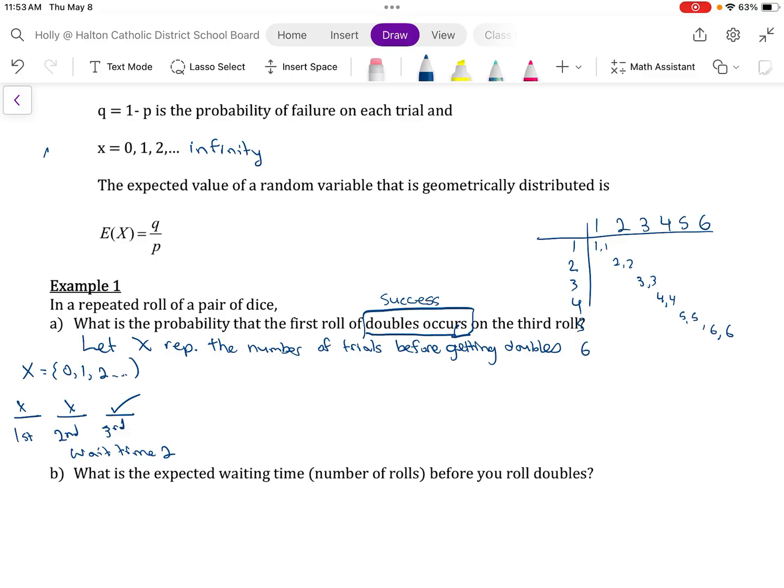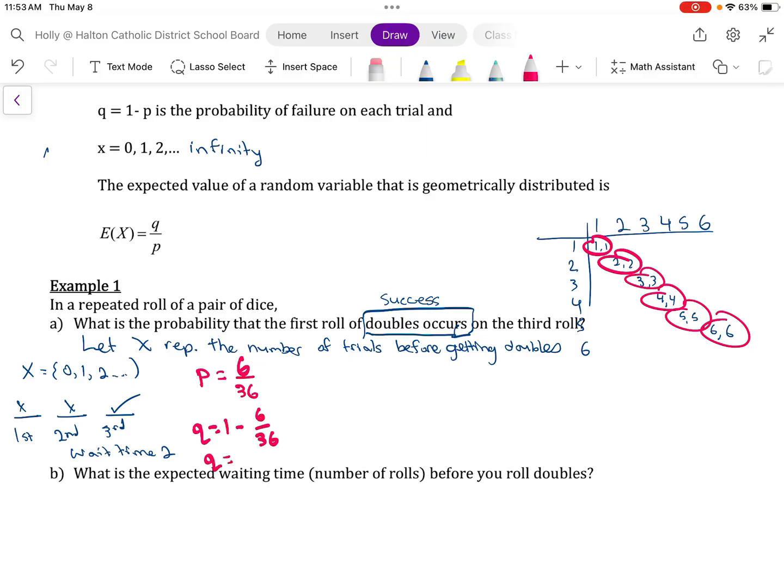So let's find the probability of that now happening. I'll do this in different colors so you can distinguish it. The probability of success out of 36 options, rolling a double can happen 1, 2, 3, 4, 5, 6 times. So 6 out of 36, meaning the failure would be 1 minus 6 over 36.